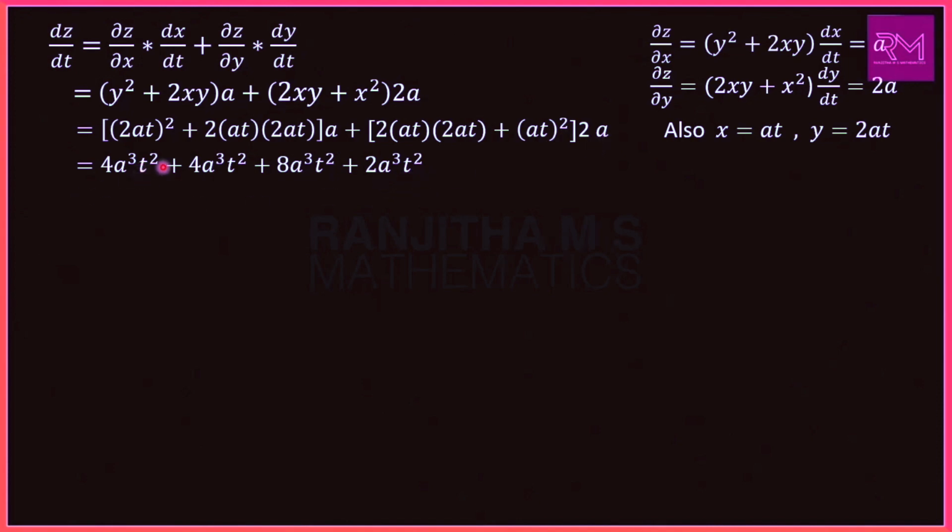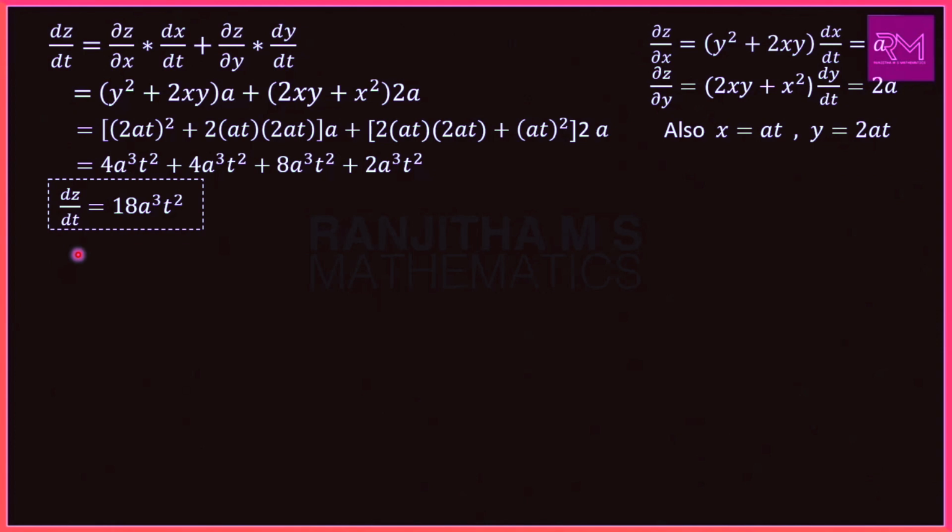Adding 4a cube t square plus 4a cube t square plus 8a cube t square plus 2a cube t square, we get dz by dt as 18a cube t square. This is the value of the total derivative for the function z.